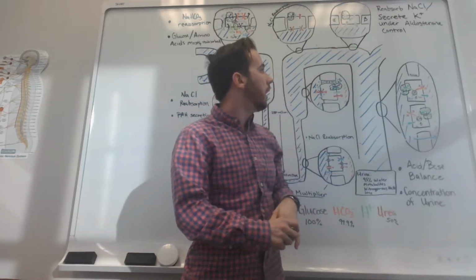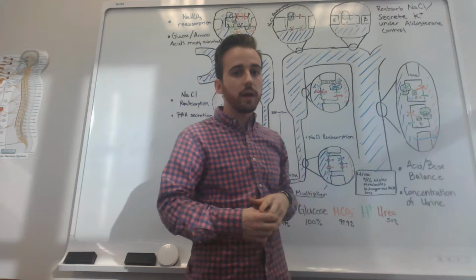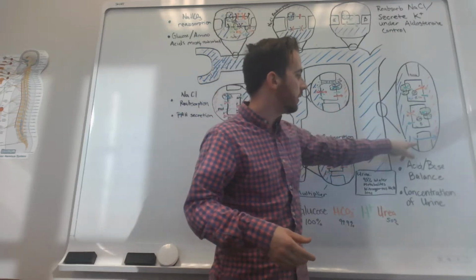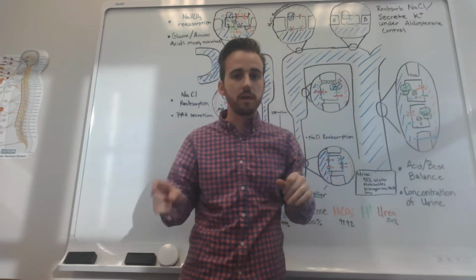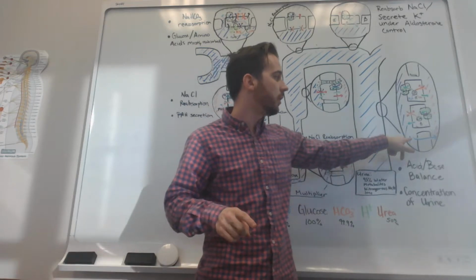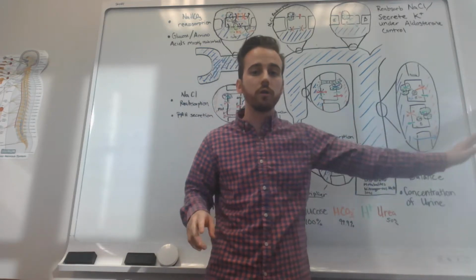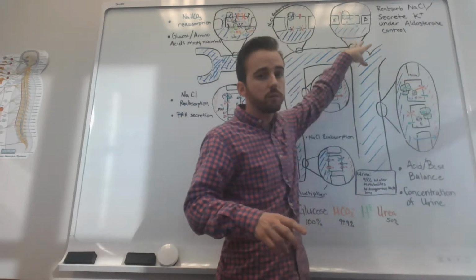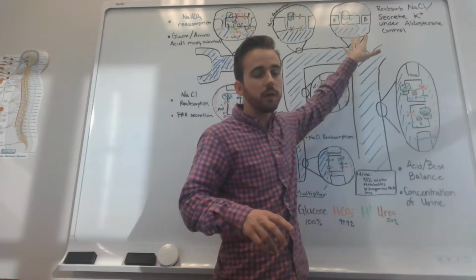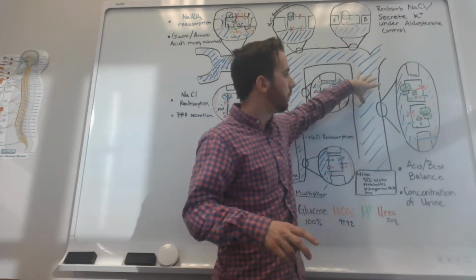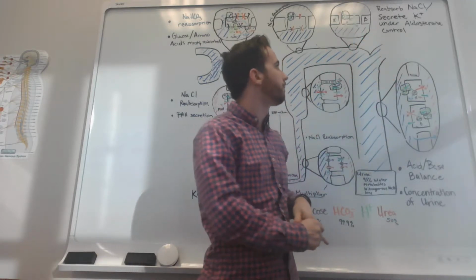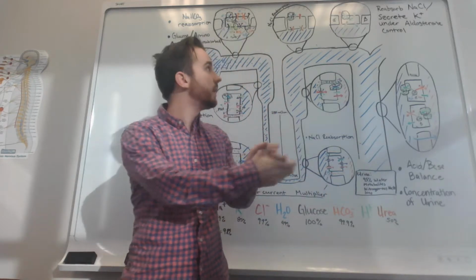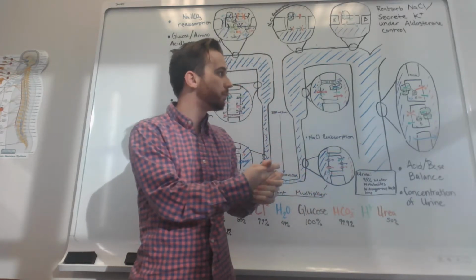Okay. Important to note, the principal cells in the collecting duct do the exact same thing, but they do one additional thing. They also have aquaporins, which allow for water to move across. So this distal convoluted tubule is not going to be permeable to water, but the collecting duct is. Okay. Now let's go ahead and talk about the alpha and beta cells.